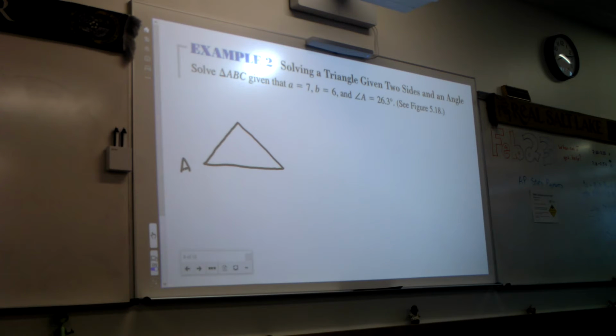Here's triangle A, and I'm going to say this is B and this is C. Which means that this is side a, this is side b, and this is side c.